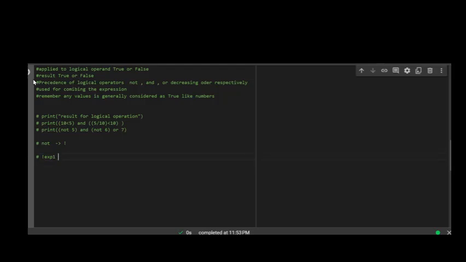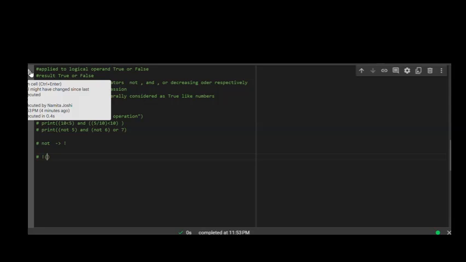In Python specifically, exp1 needs to be a true or false value. Let's say this is true. Or we can put here something which yields true or false, such as a relational operator. So let's say 5 is less than 6. Is it true or false?